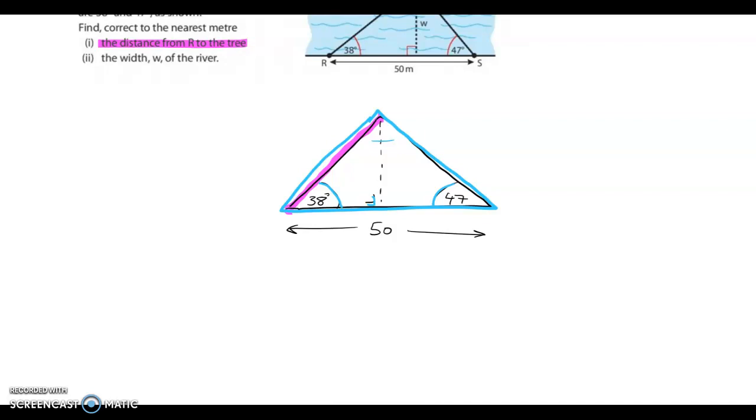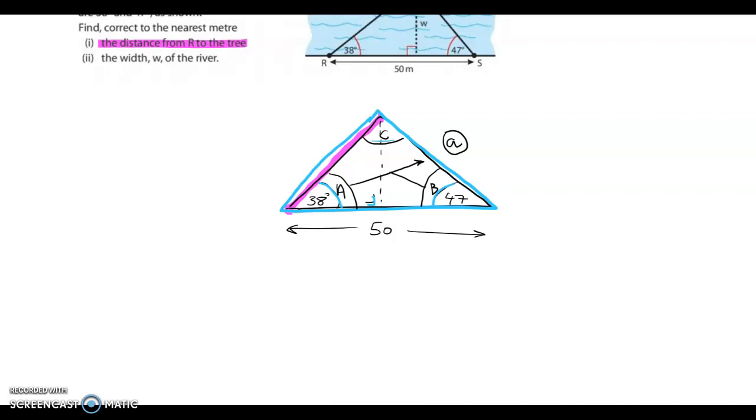Try the sine rule. By now you should have an idea how to do it. You start off by labeling the angles. I'm going to call that one big A, that one big B, and that one big C. It doesn't matter which is which when it comes to angles. What does matter is that you label this side across here small a.